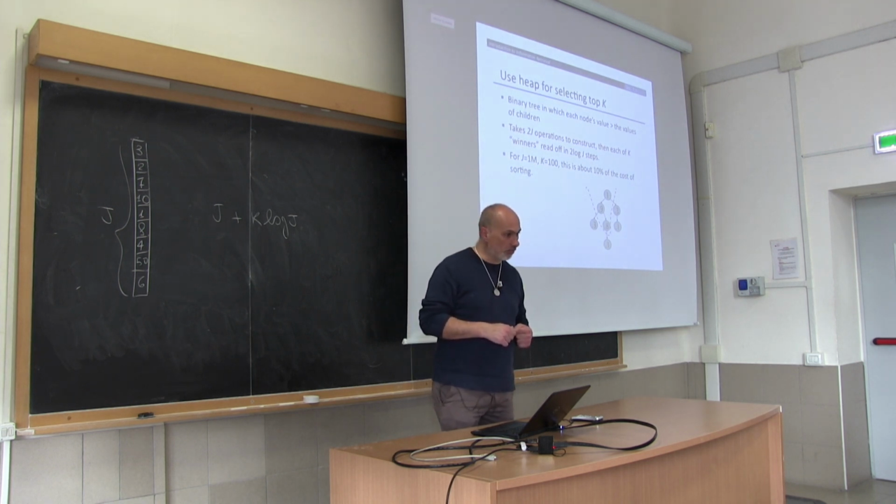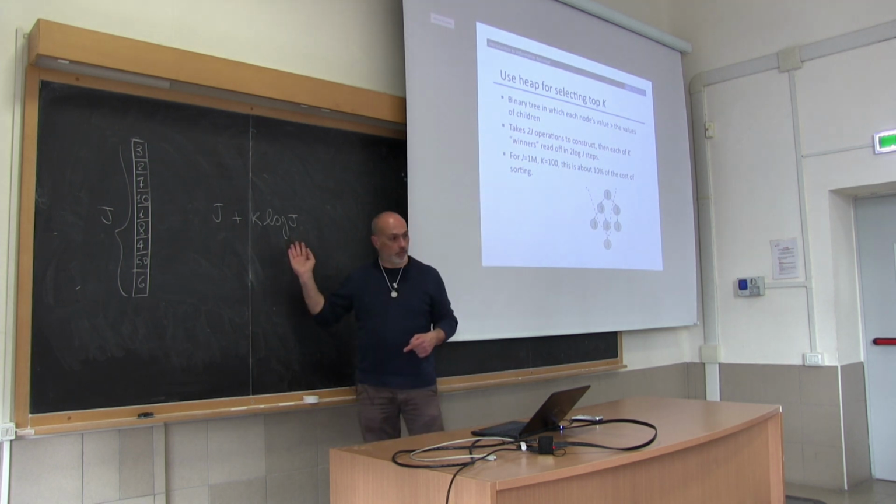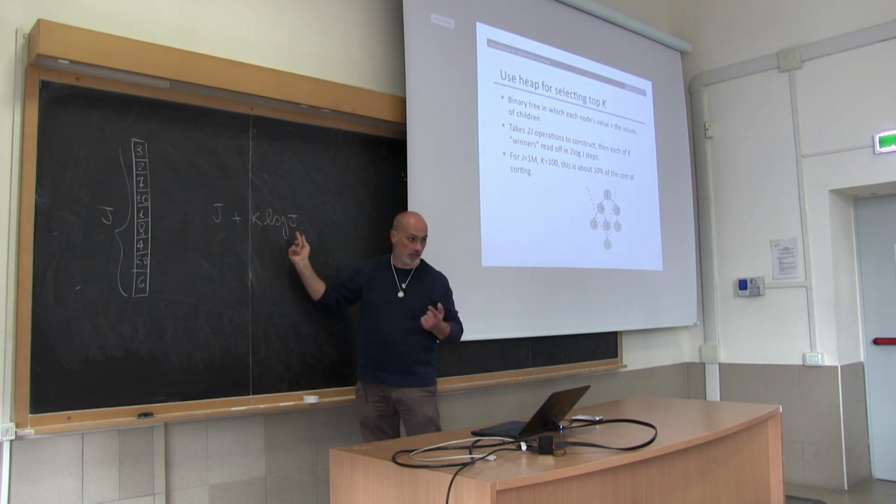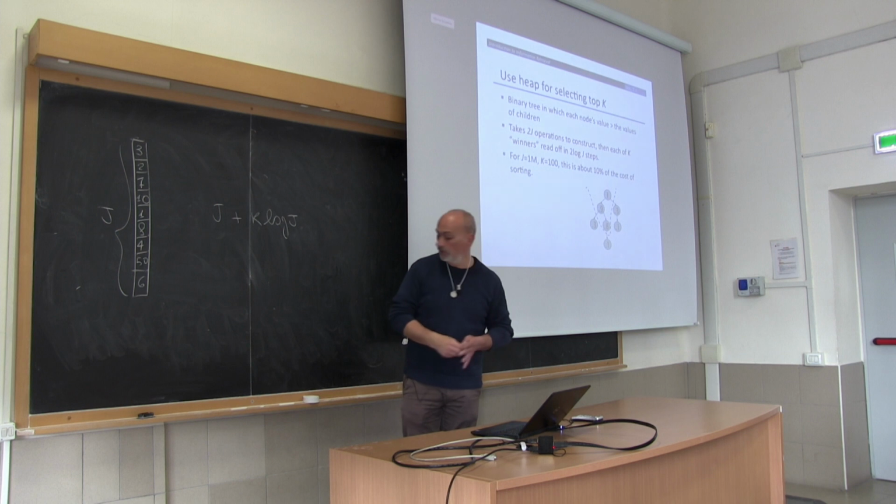It's a lot of times less. If it is a billion, the log of j could be something like 30. So j log j would be a lot, 1 billion times 32. This instead is 1 billion plus, let's say, 10 times 32. It's a lot less.